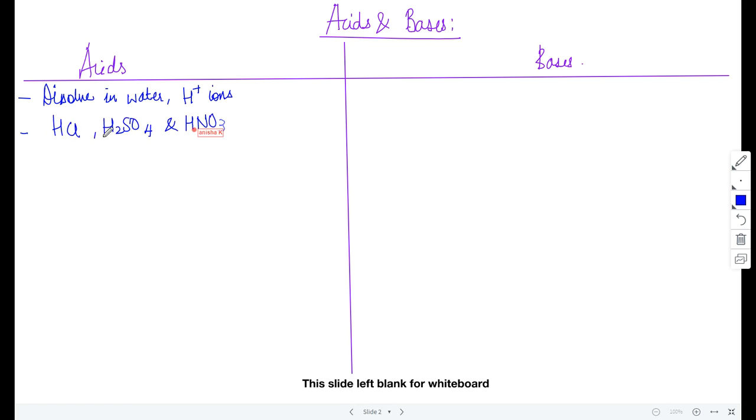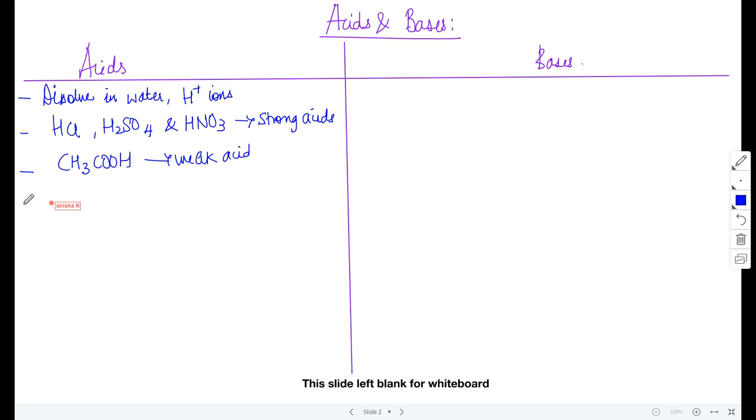Some of the acids, like HCl, that is hydrochloric acid, sulfuric acid, and nitric acid, are considered strong acids. If these are strong acids, what is a weak acid? We have the example of ethanoic acid. This is a weak acid.